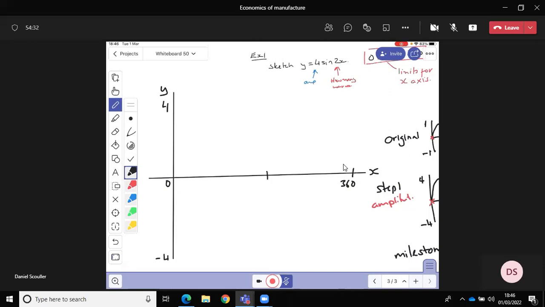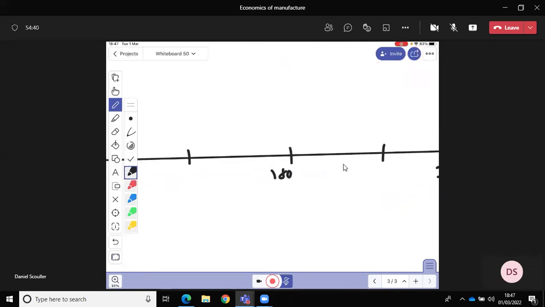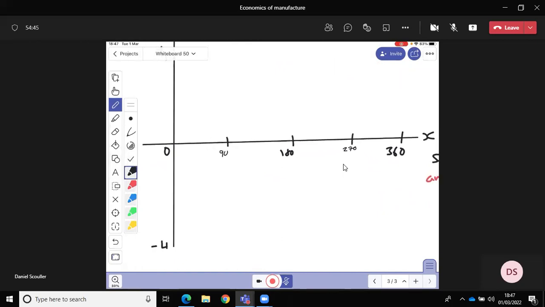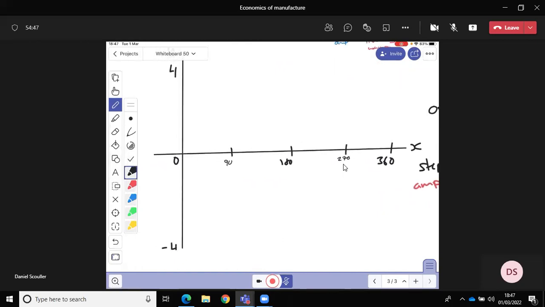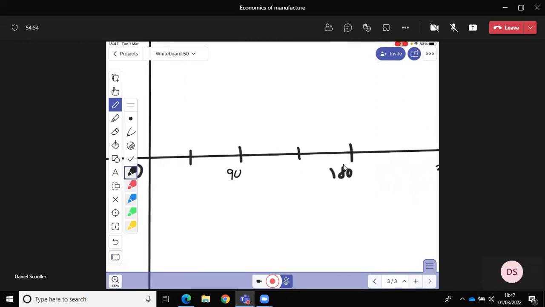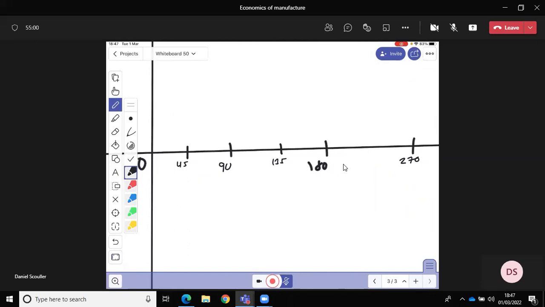Halfway between is 180, and halfway between that is going to give us 90 and 270. But I've worked out that the milestones are every 45, so I want another wee mark here and then here. So 45, that'll be 135. I'm adding on 45, 90, 135, 180.